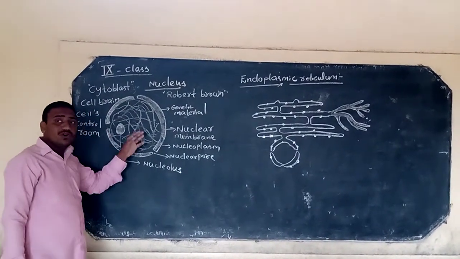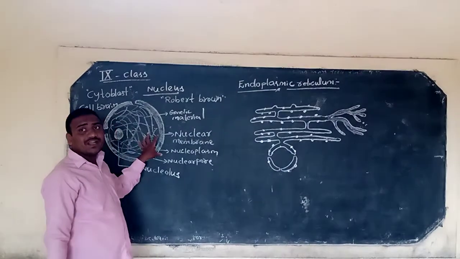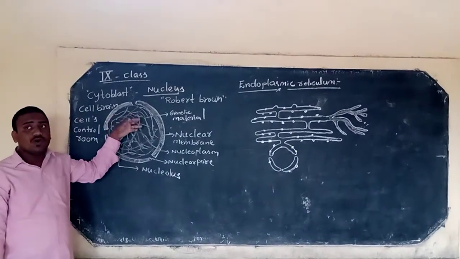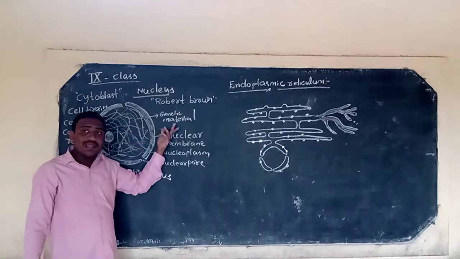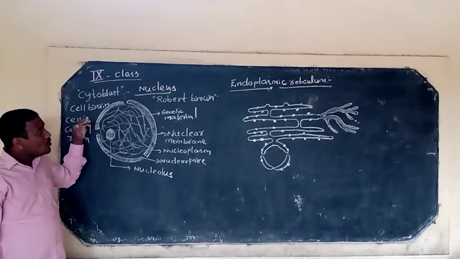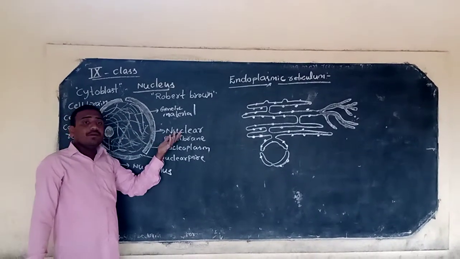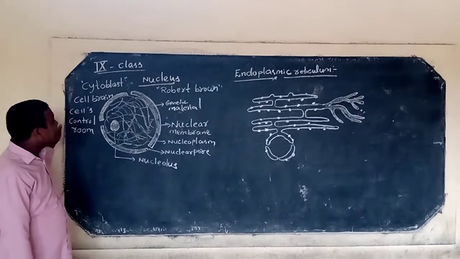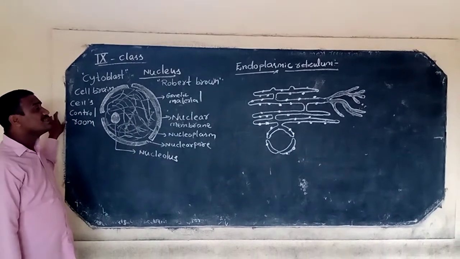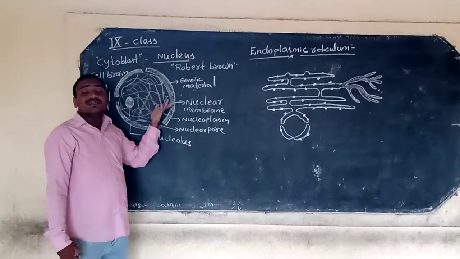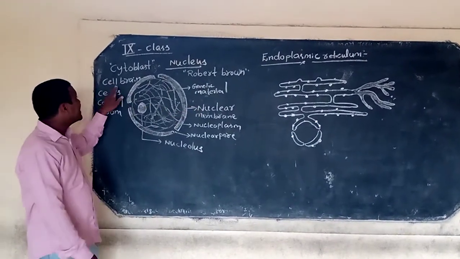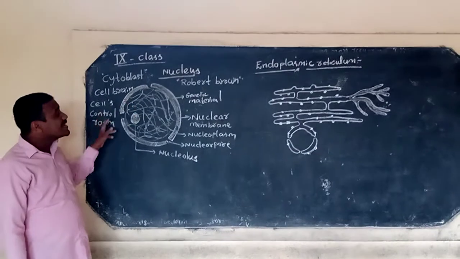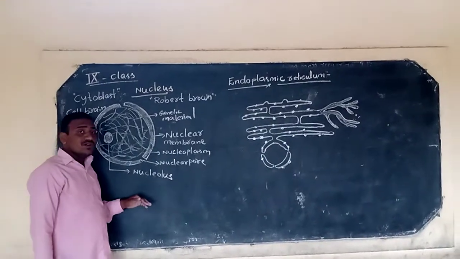Next, our body functions are majorly controlled by the brain, so our body can run properly. Similarly, the cell functions are also controlled by the nucleus only. That's why it is called the cell brain or cell's control room.